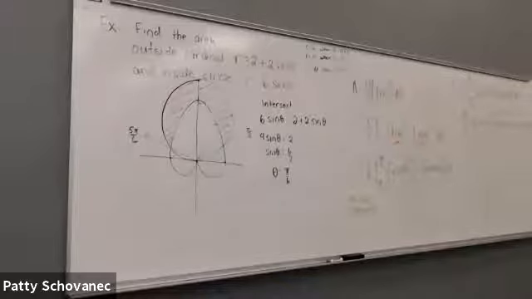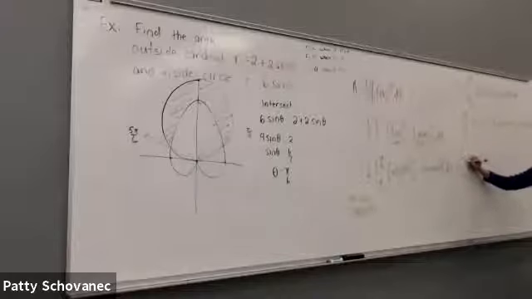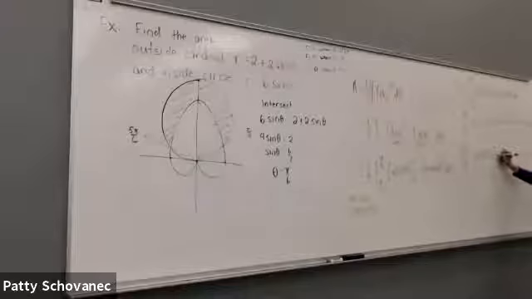Let's distribute the minus sign, collect like terms. I'm going to have 36 sine squared minus 4 sine squared for 32 sine squared theta. Then I'm going to have a minus 8 sine theta, and then minus 4. Are you with me to there? Do you remember yet what the integral of sine squared of theta is?